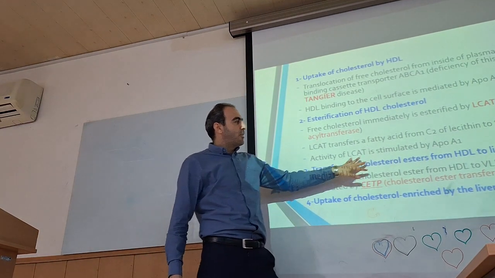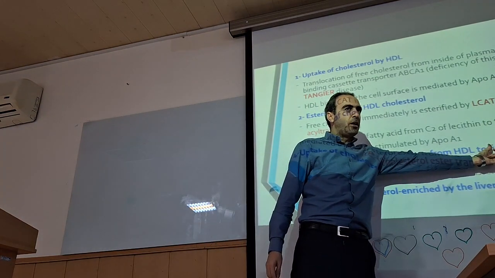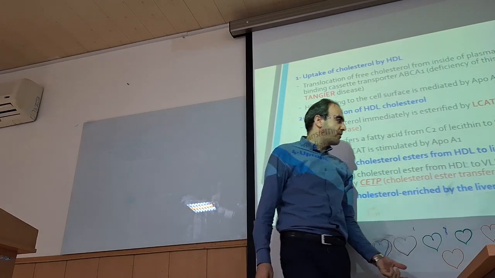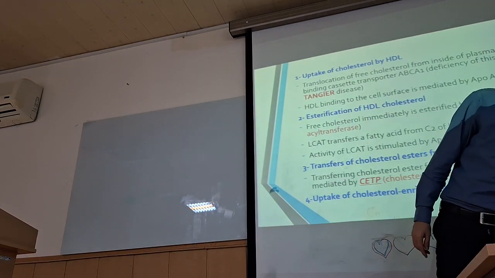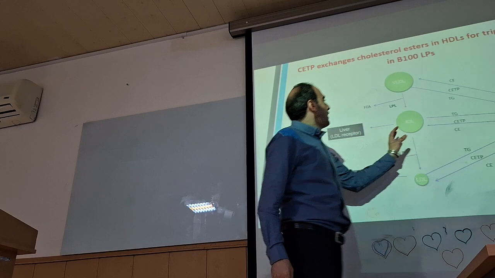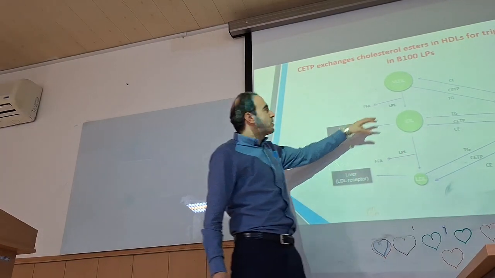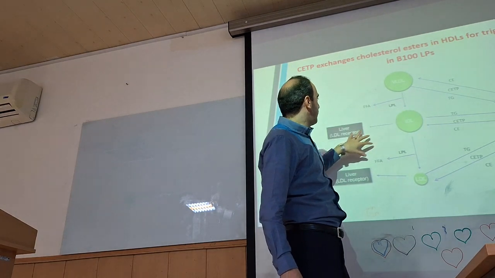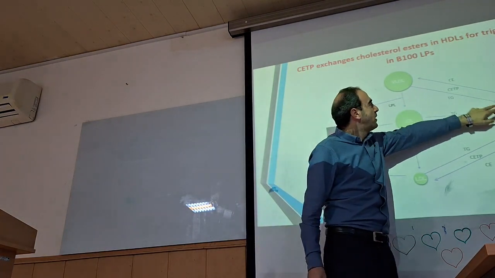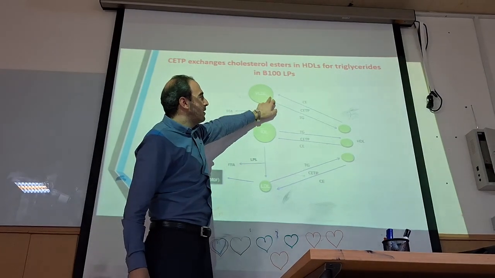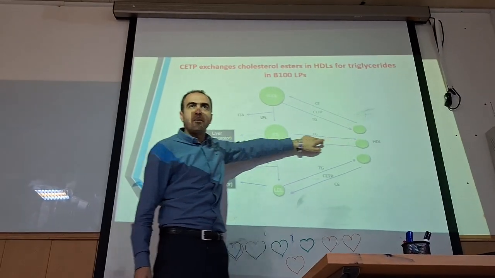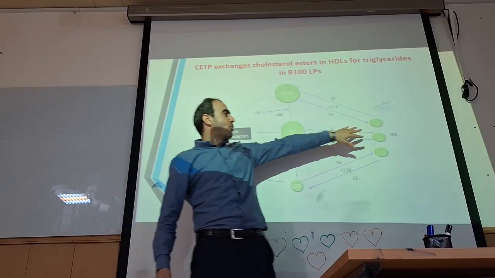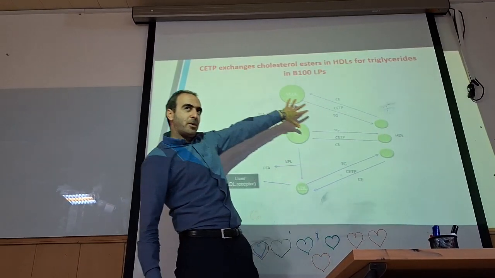And as you learned, the transfer of cholesterol ester from HDL to the lipoprotein remnant is done by CETP, cholesterol ester transfer protein. Here you can see what's happening. As I mentioned, because these remnants, IDL, VLDL remnant, and chylomicron remnant, are going to the liver, HDL gives them cholesterol ester and receives triglyceride. It gives cholesterol ester, receives triglyceride, and decreases its cholesterol amount.